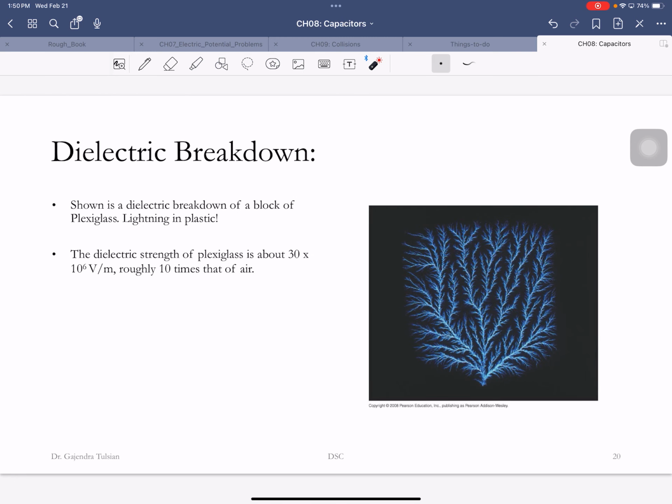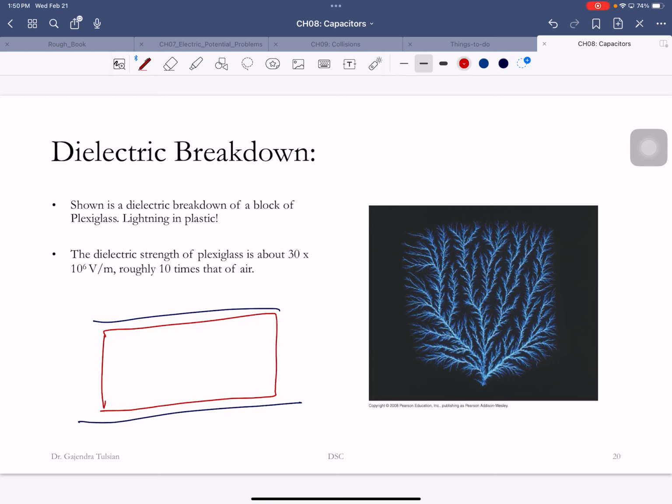Here shown is the dielectric breakdown of a block of plexiglass. So what happened here? This was a parallel plate capacitor. You put a block of plexiglass here, and you put too much charge there, and you had lightning go through. The electric field inside started ripping off electrons from the plexiglass.